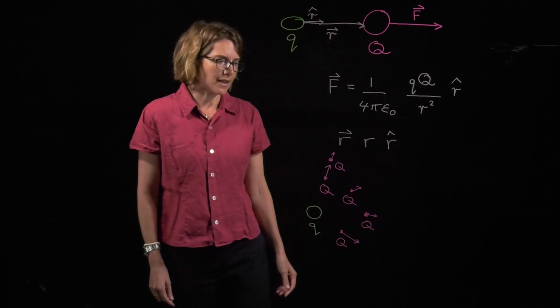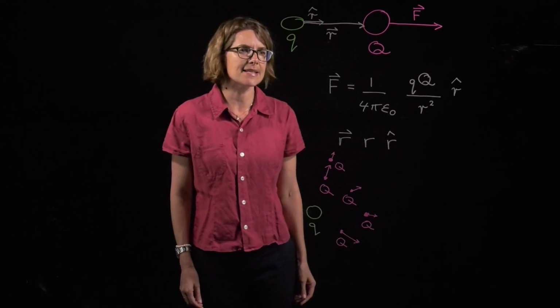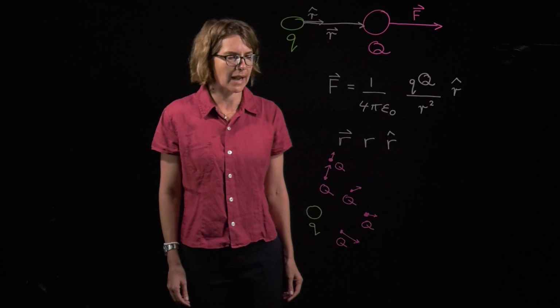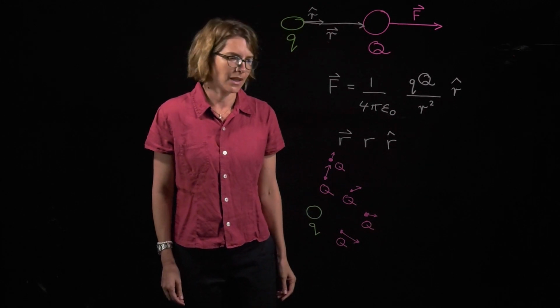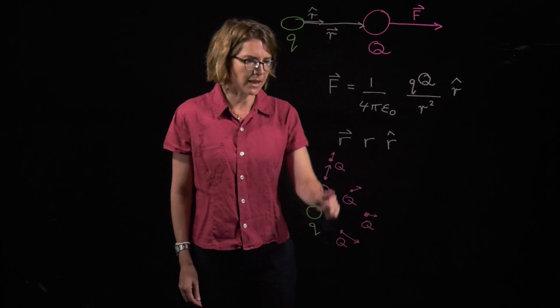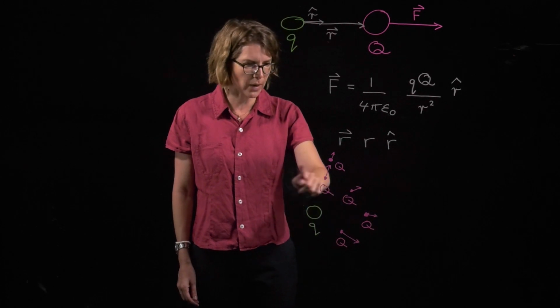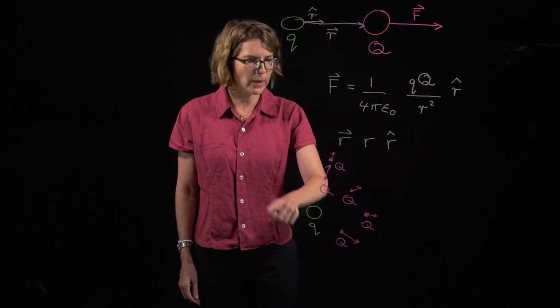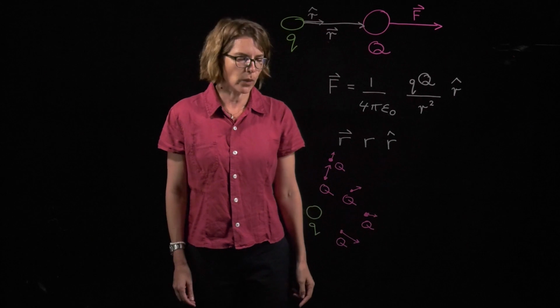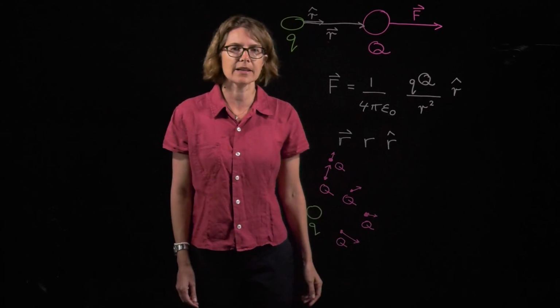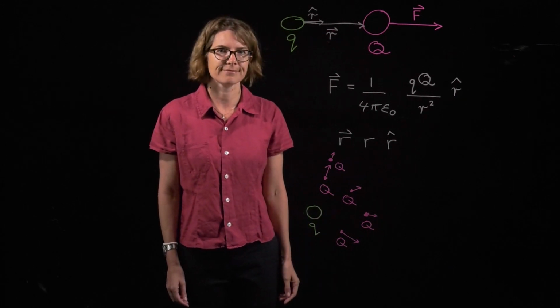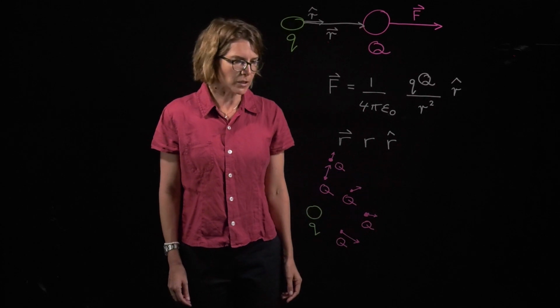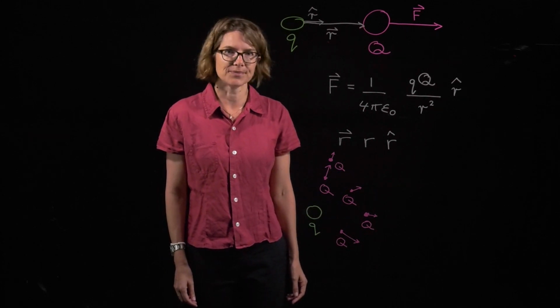These arrows are showing us that there's another way of thinking about what happens to Q. If we had these pink force vectors everywhere in space, if we had that information, we could dispense with talking about little q altogether. It's called the electric field.